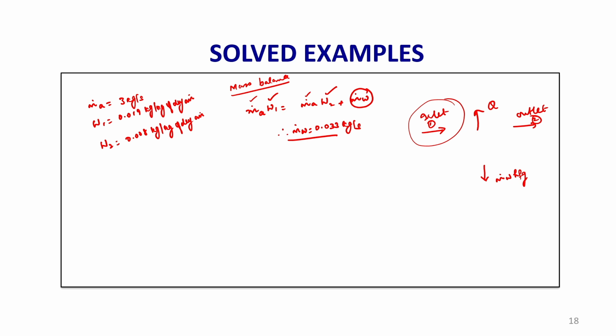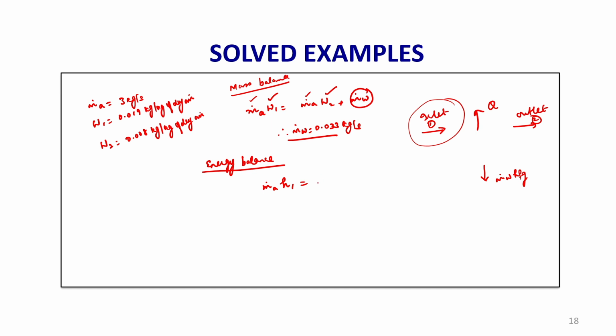So, the energy balance: this energy is equal to the summation of these 3. m dot A into the enthalpy at 1 is equal to this mass into enthalpy plus this quantity. Of course, here directly we have to find the capacity of the cooling coil, how much heat has been removed by the coil from the air.